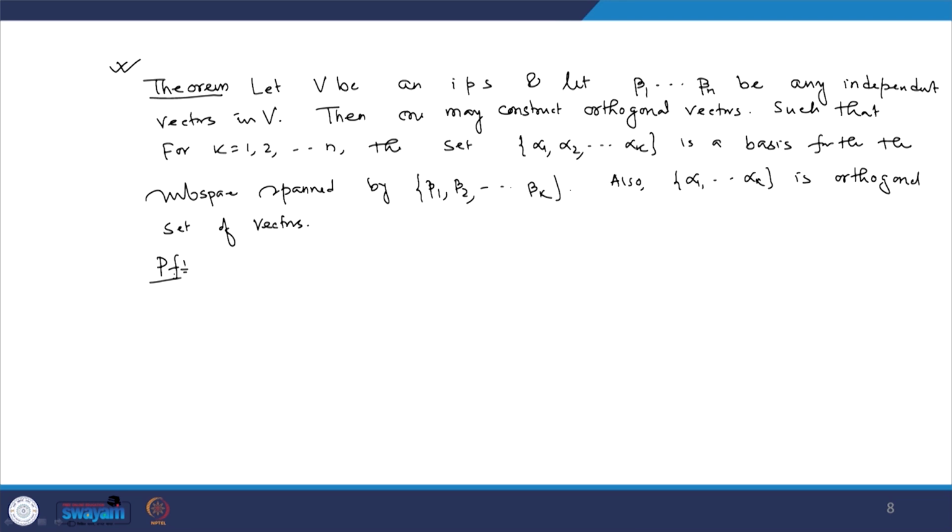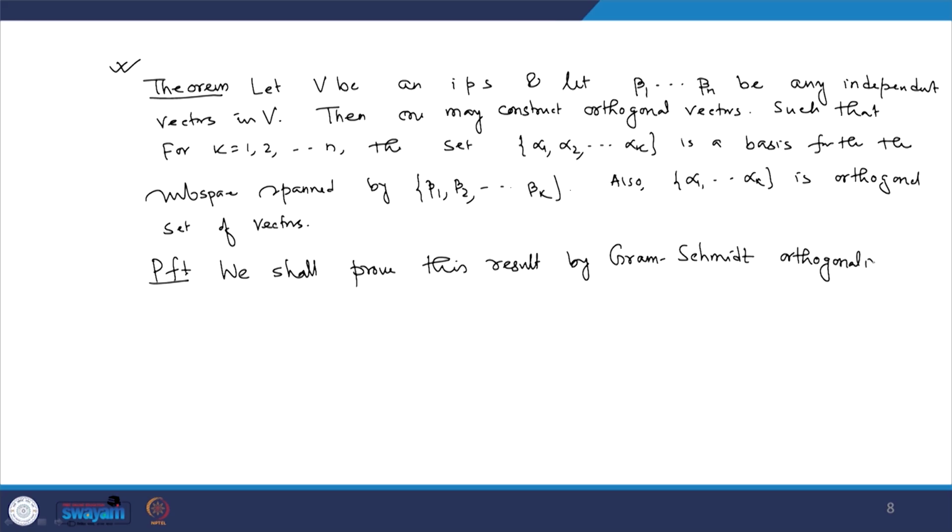Let me give the proof of this result. So, we shall prove this result by the Gram-Schmidt orthogonalization procedure.